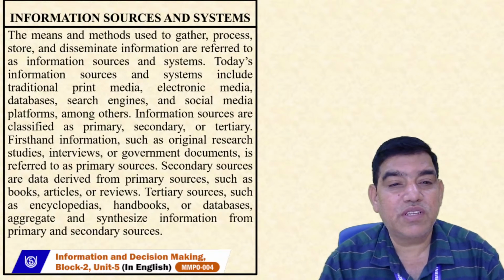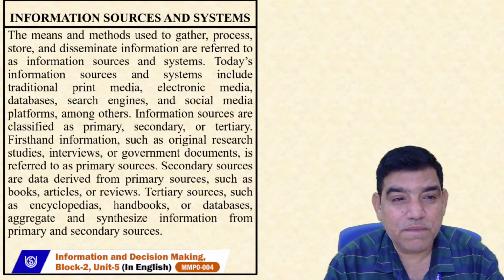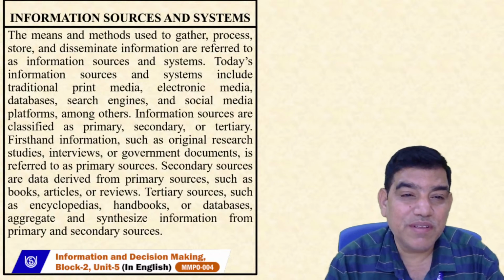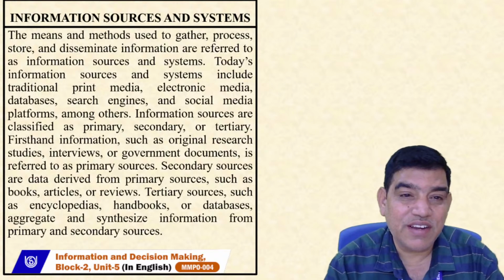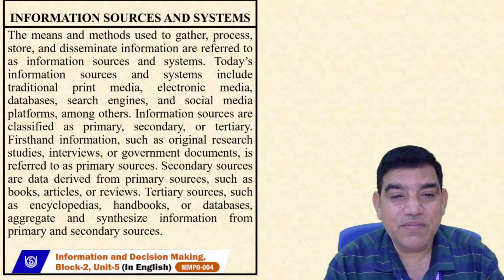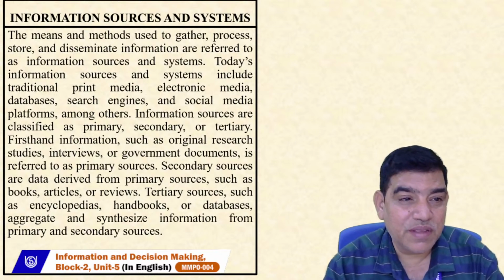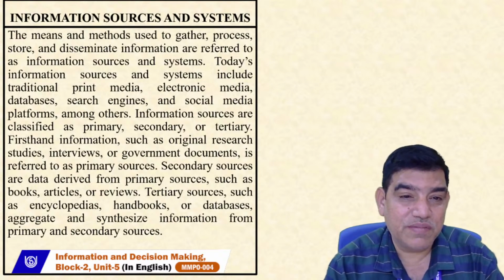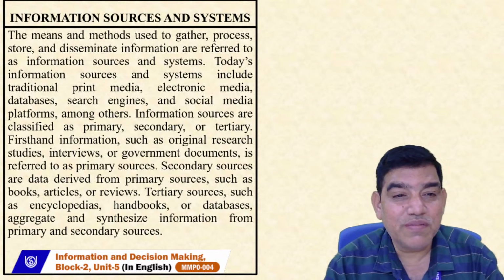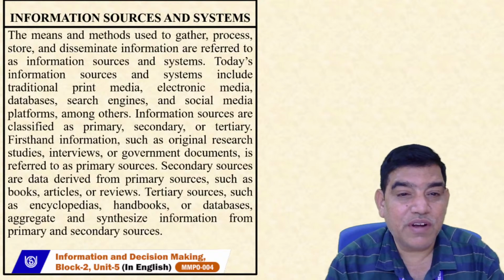Today's information sources and systems include traditional print media. Print media means newspapers, magazines, books, journals, etc. Electronic media: television, mobile, and databases, search engines like Google, and social media platforms, among others.